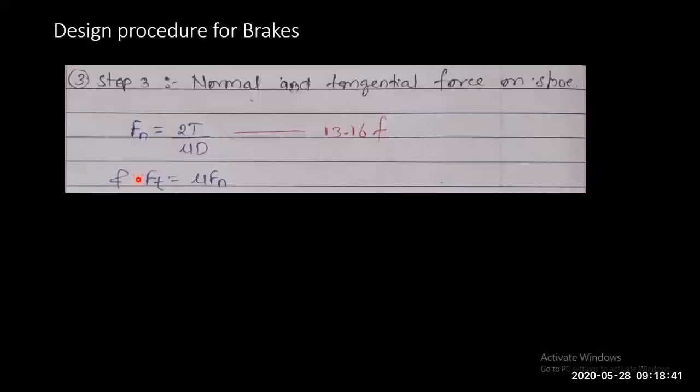The next step is to find normal and tangential force. The reason we are finding these is that it is required for finding the braking effort, that is, how much force is actually needed to be applied at the end of the lever.